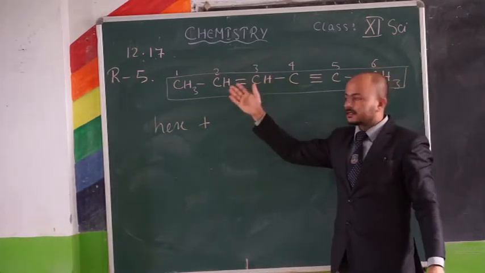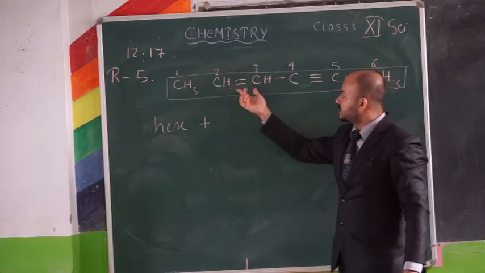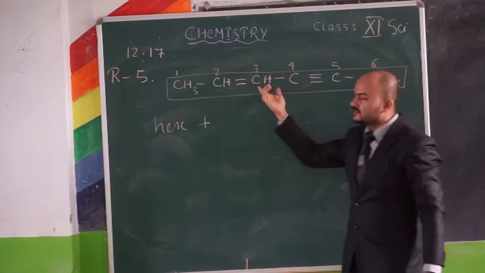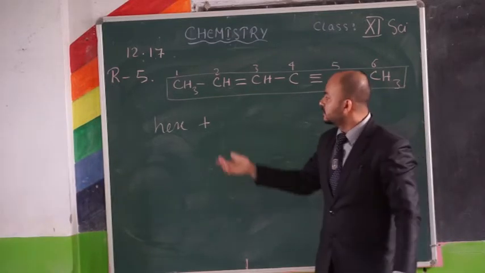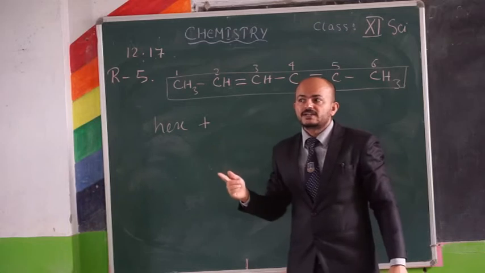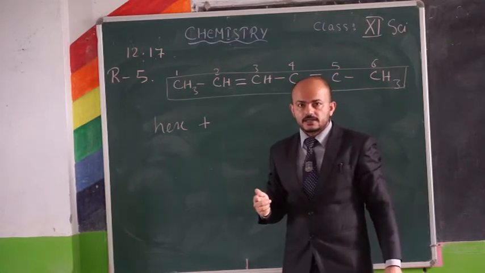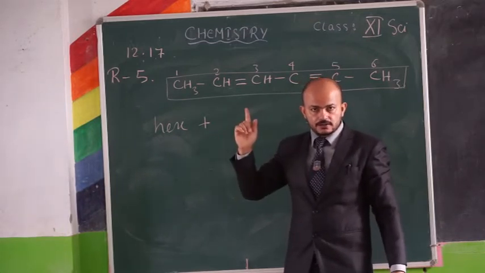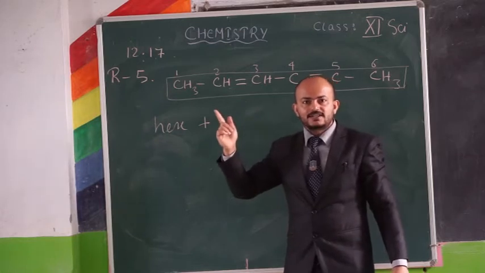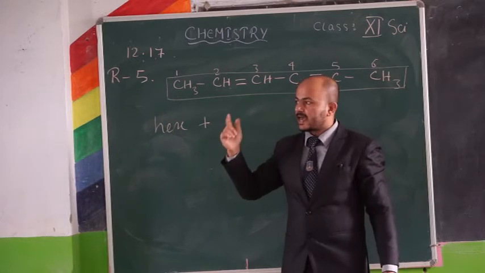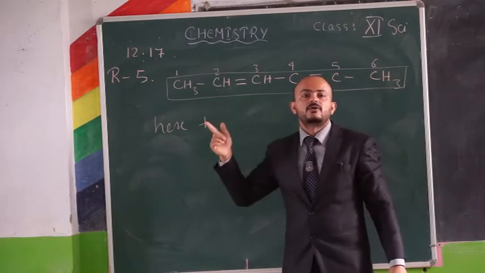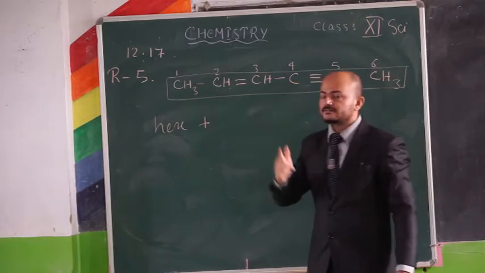Since the double bond and triple bond are present together in the same compound, while numbering the double bond is given more preference, and while writing also the double bond is written first. Please remember, this is very important.